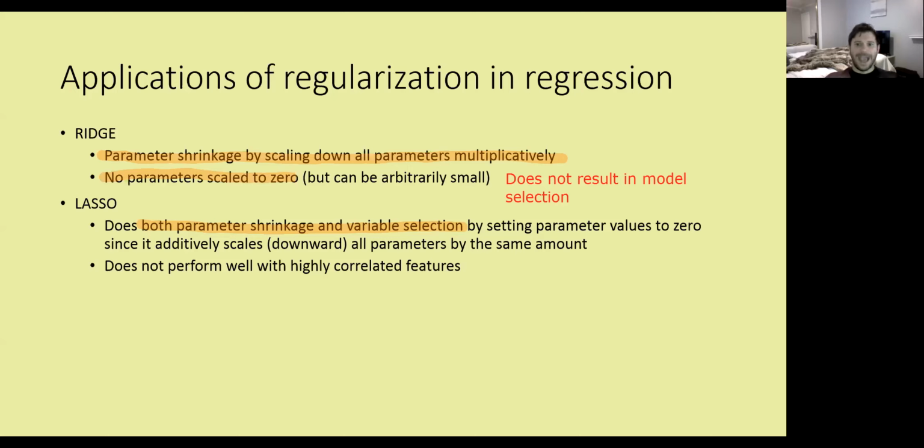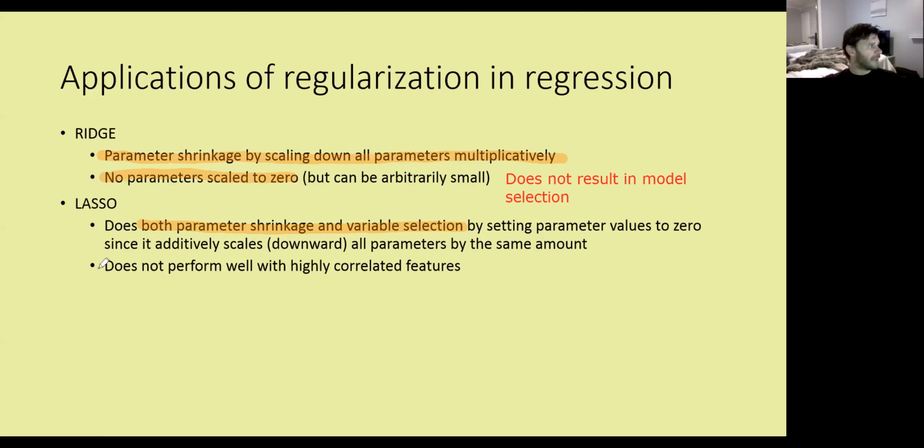And when you're adding some negative number to scale something down, it's possible the negative number you add is big enough to shrink the whole thing actually down to 0. So if you use lasso, you may actually wind up restricting your hypothesis set. You may wind up finding beta estimates that are actually 0 from this process, which will tell you not to include certain regressors or certain inputs in your model here.